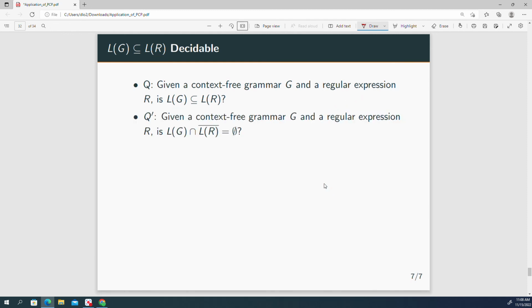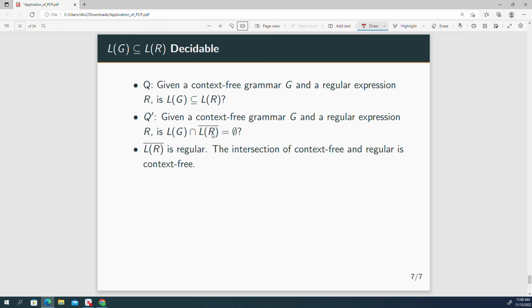So we slightly rewrite the question Q to Q prime. Q and Q prime are equivalent. Given a context-free grammar G and a regular expression R, we check if LG intersect LR bar is empty. Now, because LR is regular, LR bar is also regular.